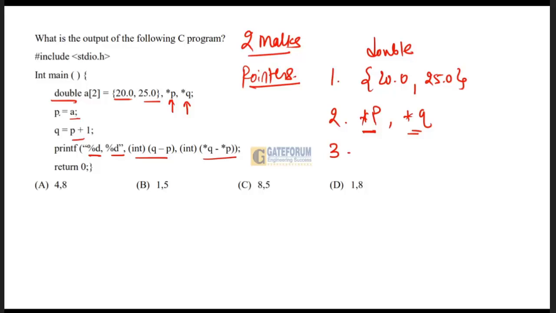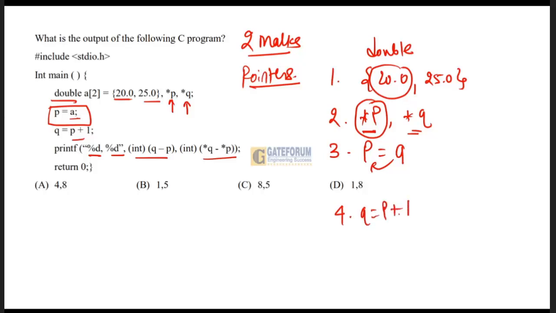Third, we are assigning P equal to A. So we are assigning the address of the first element of array A to pointer P. Ultimately P will hold the address of the first element of A. And after that, in the fourth step, we are doing Q equal to P plus 1.